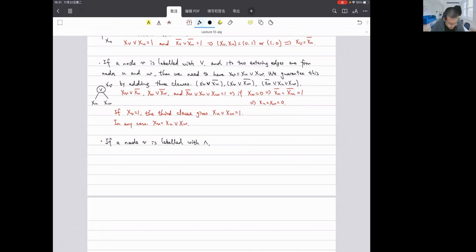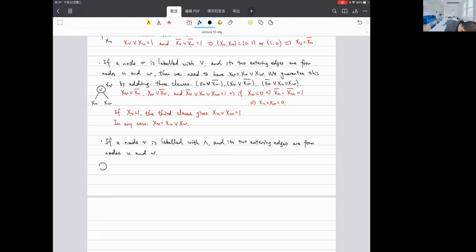So basically, this AND part is quite like the OR part, but it has a lot of places with negation here. So let's write everything down, and it's two entering images from nodes. Still, we use U and W here.